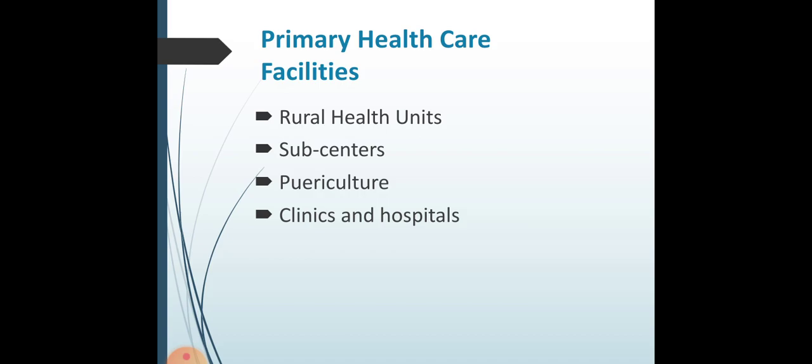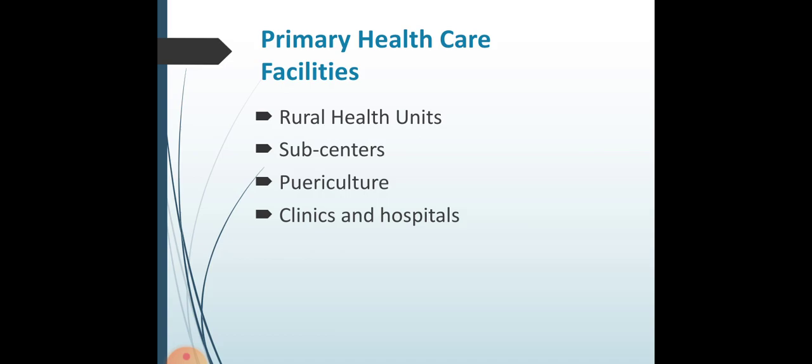In other words, RHUs or rural health units are the main branches of these health centers. They offer the same basic services, like prenatal checkup, immunization, medical consultation, as well as family planning. Those are the basic services offered in the RHUs and sub-centers or health centers.